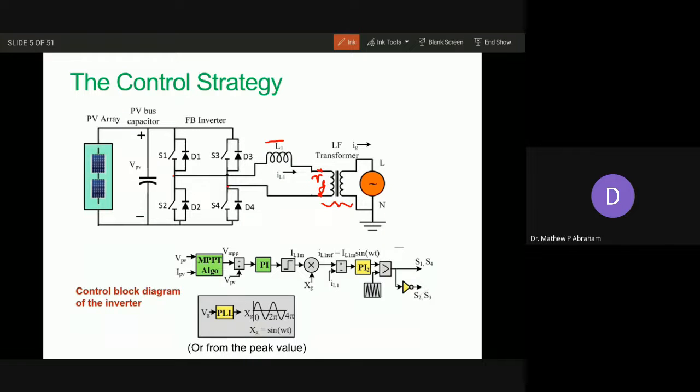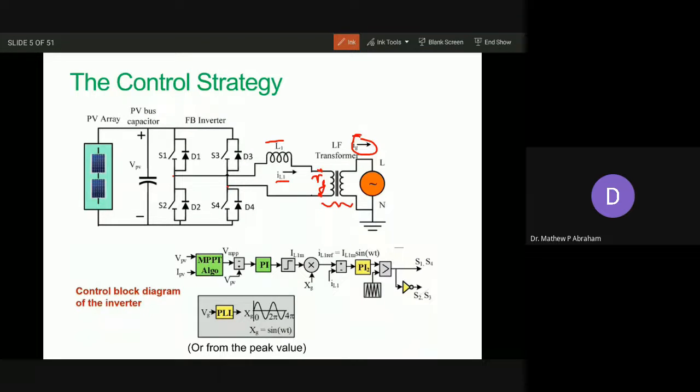So what we do here is we have to have a control of the grid current to be injected by controlling the inverter. So this Ig or IL decides the power injected into the grid.